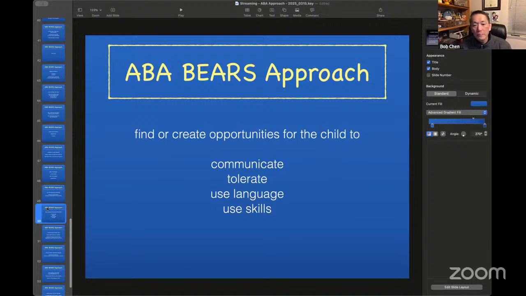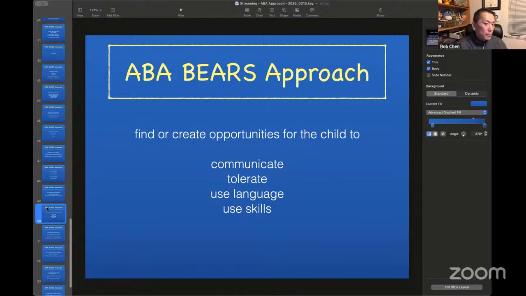All right. So find and create opportunities for your child to communicate, to tolerate different things in their environment, to use the language that they're capable of using, to use skills that they learned in programs. That's really what you're looking at doing on an everyday basis. The child wants to play with a toy, and I know that this is one of their favorite toys.